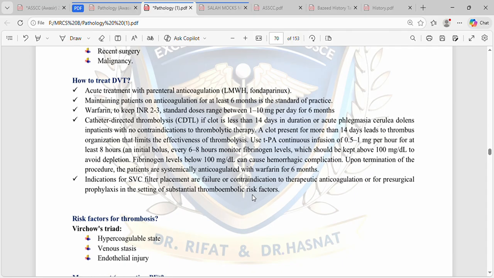For example, if there is recent neurosurgical or ophthalmological surgery, you have to put in a superior vena cava filter.